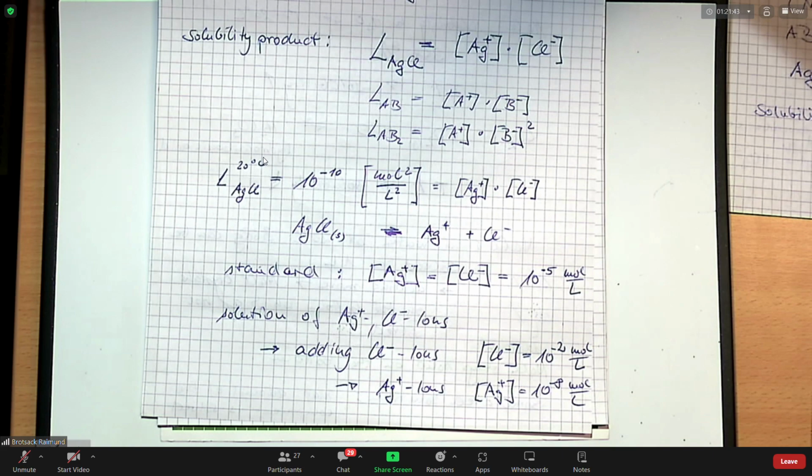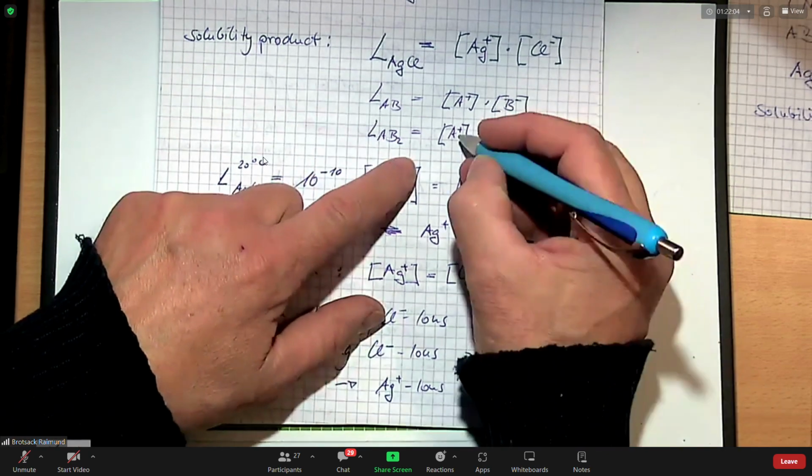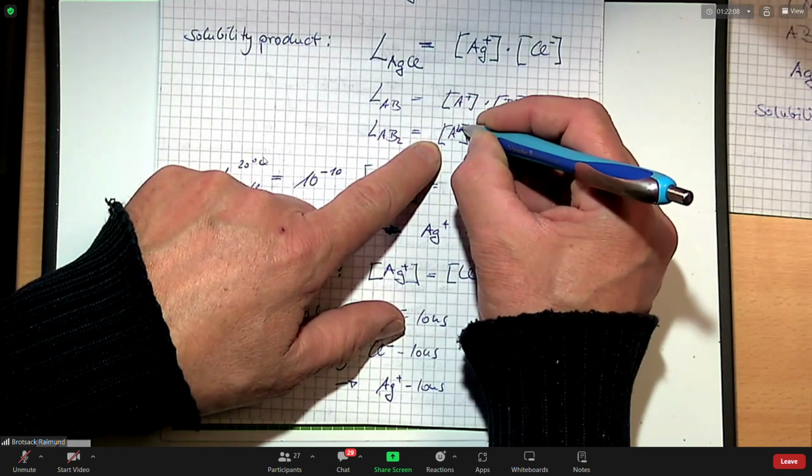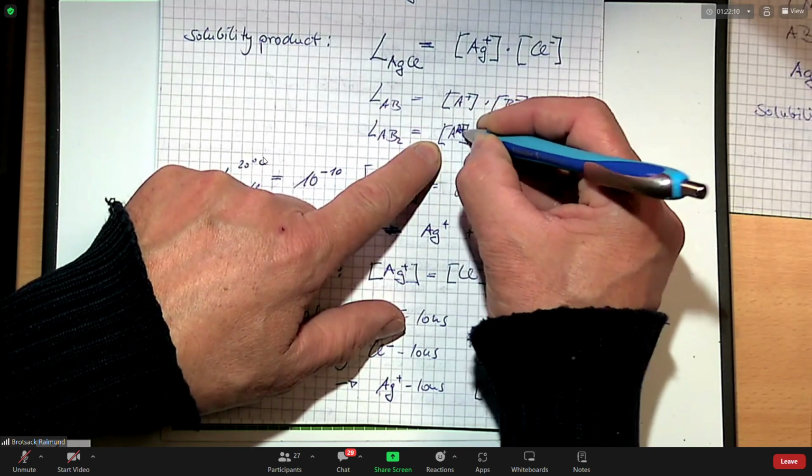Because we have 1A and 2B. The ratio is 1 to 2. So we need 2B minus ions, but here it must be 2 plus. Yeah, it must be 2 plus. Sorry, A 2 plus. You're right, here it must be 2 plus.